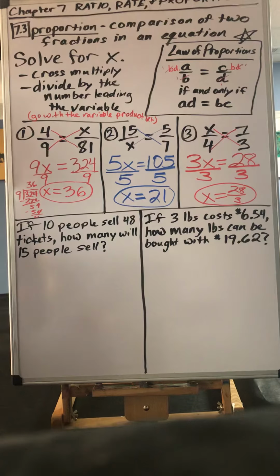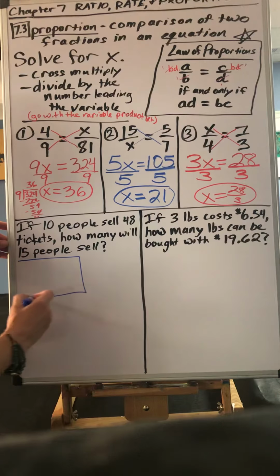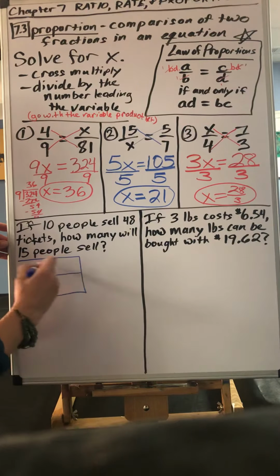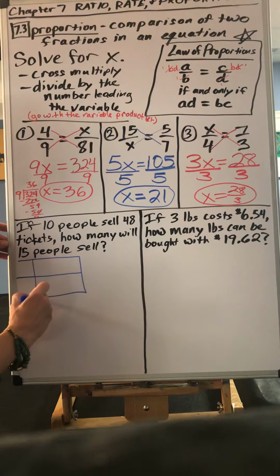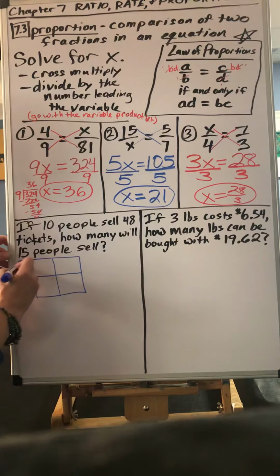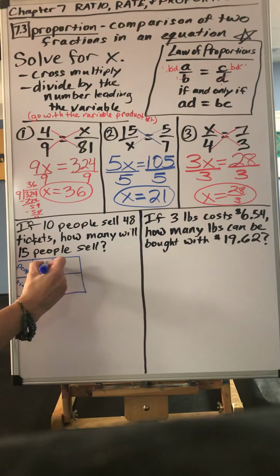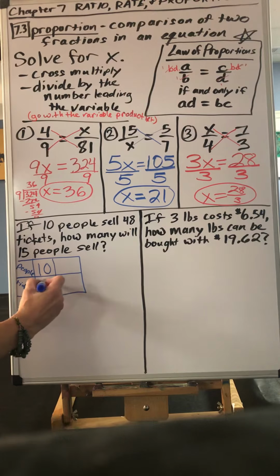So to me, the simplest way to set these up is to make a small table. And in that table, we're talking about people and tickets. 10 people sell 48 tickets.